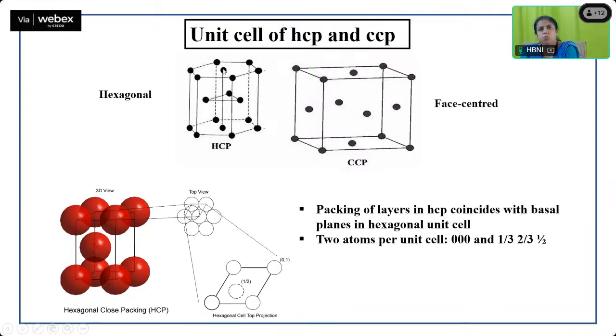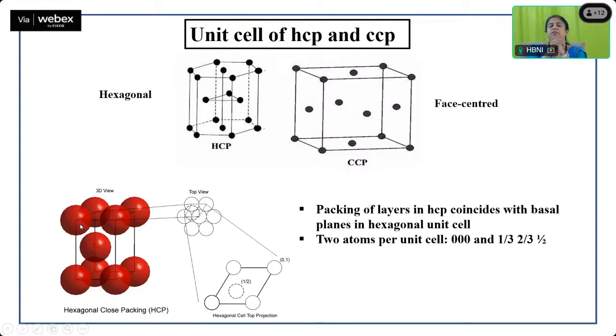It is basically 1, 2, 3, and 4. Then 5, 6, 7, 8. These are the corner atoms, and this one is in the center of it. So this is how your unit cell of HCP looks like.